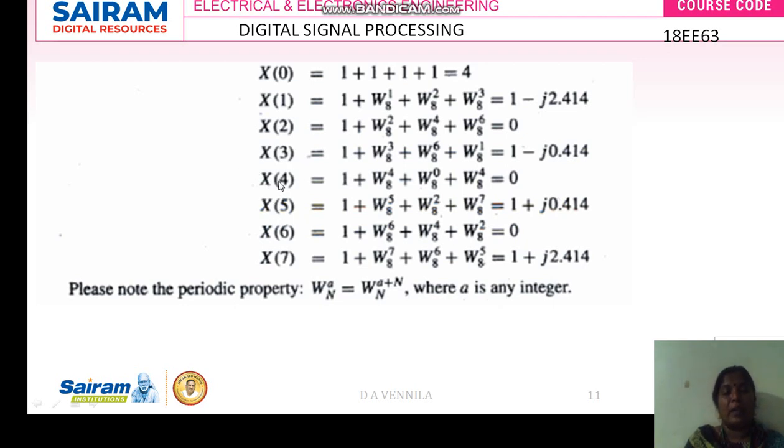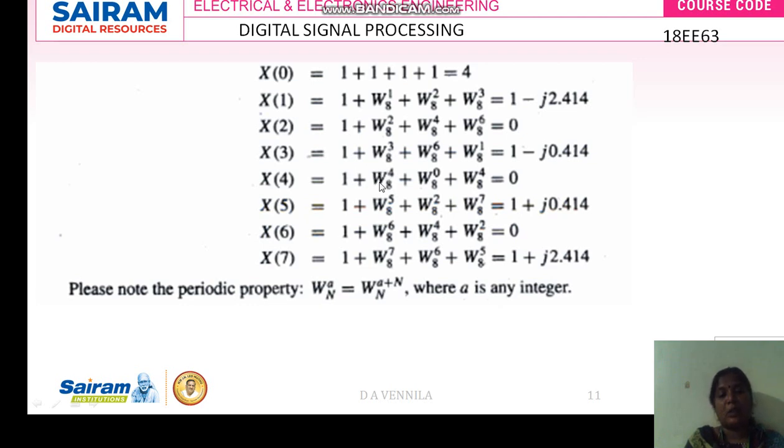Okay, next x of 4. X of 4, if you take k is equal to 4. Now if you multiply this k is equal to 4 with small n, that is summation n equal to 0 to 7 x of n omega 8 n k. K is equal to 4, n equal to 0. 0 into omega 0 is nothing but 1.